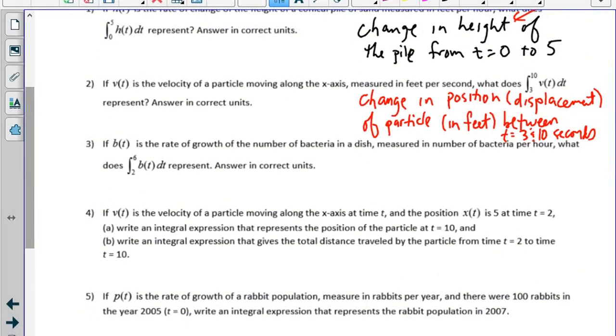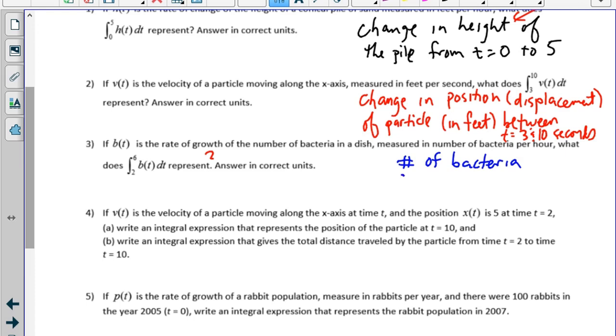Number three, if b of t is the rate of growth of the number of bacteria in a dish measured in number of bacteria per hour, what does the integral from 2 to 6 of b of t dt represent? Answer in correct units. So if we have b of t, and this is the rate of growth of the number of bacteria measured in bacteria per hour, the integral is going to be the actual change in the number of bacteria.